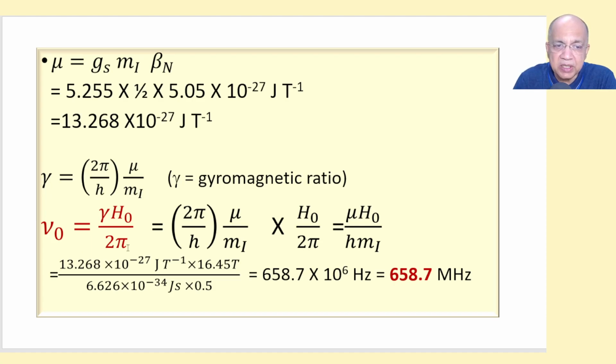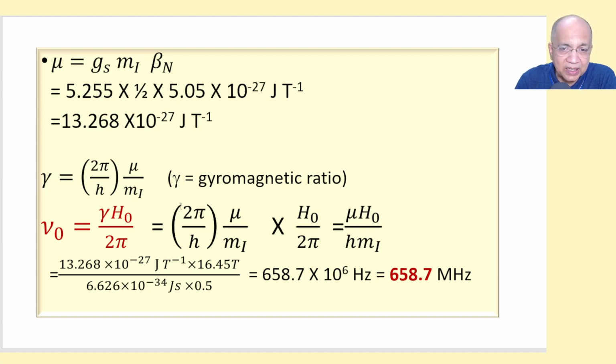And you know the basic NMR equation: the Larmor frequency is gamma H0 by 2 pi, or sometimes it is called B0, the external field. Gamma is the magnetogyric ratio, or gyromagnetic ratio. And gamma once again is related to the magnetic moment and the magnetic quantum number; in this case, spin half, it is I. So putting this gamma value here, our NMR equation is reduced.